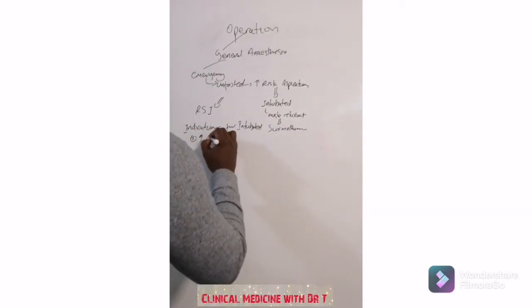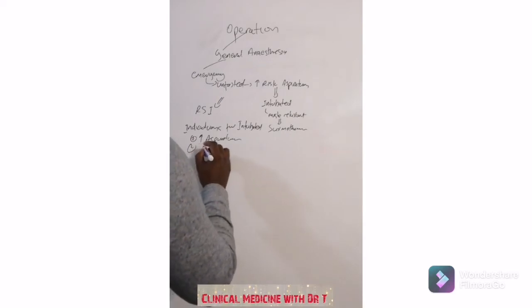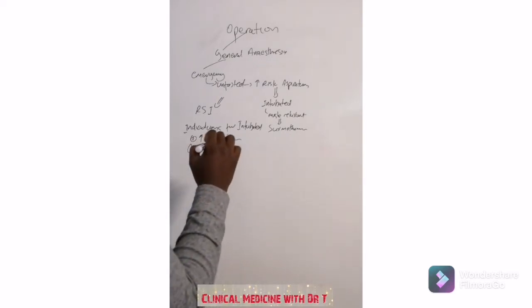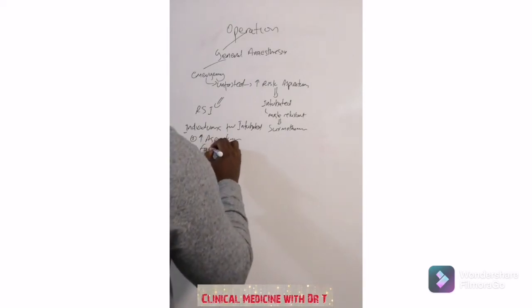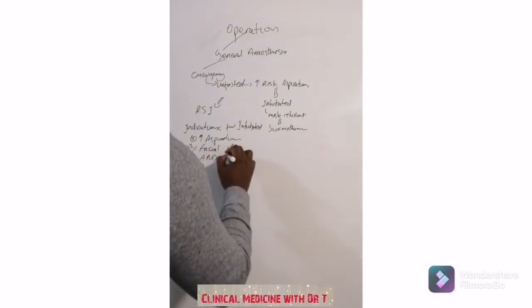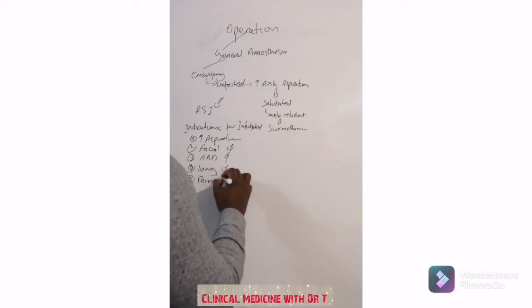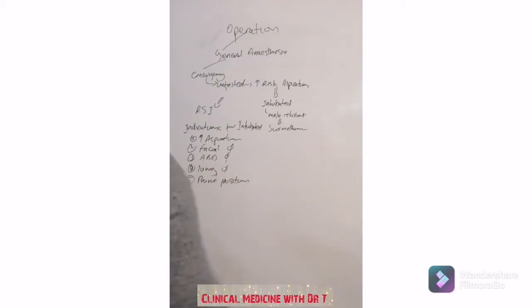A patient who has a risk for aspiration, like our patient there; a patient who is going to be operated on the face, facial operations; a patient who is going to be operated in the abdomen; if the procedure itself is going to be a long operation; if a patient is going to be operated in a prone position; and also if the airway is going to be a shared airway.